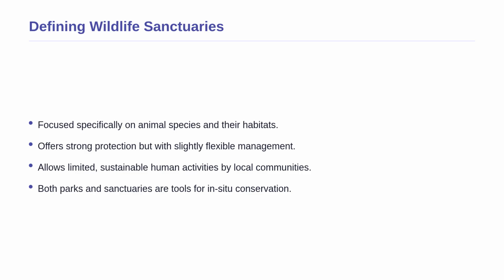In a sanctuary, limited human activities may be allowed, provided they do not interfere with wildlife conservation. For example, indigenous local communities might be permitted to engage in sustainable grazing or gather minor forest produce. Both national parks and sanctuaries fall under the broader category of protected areas, serving as critical tools for in situ or on-site conservation.